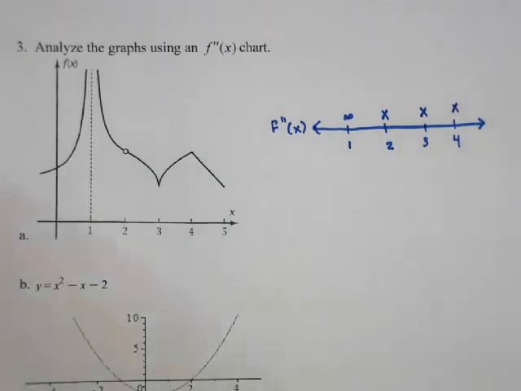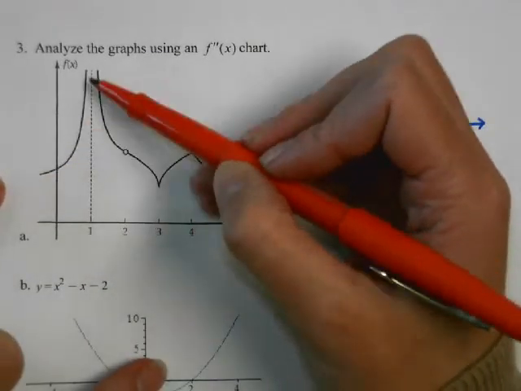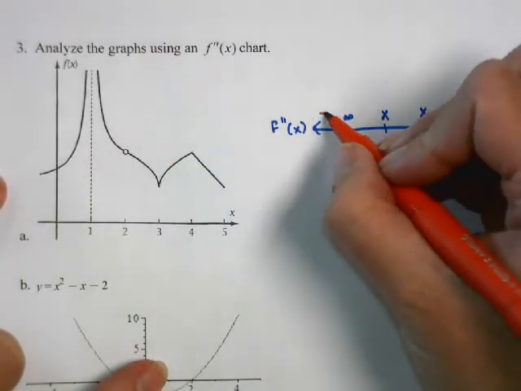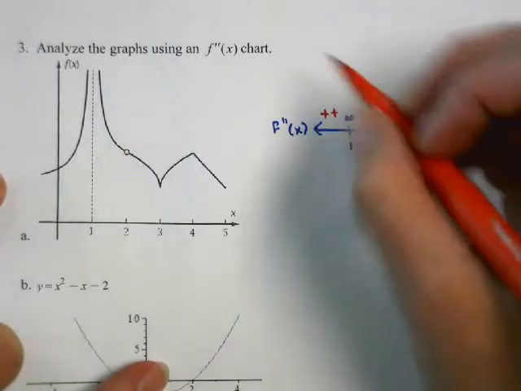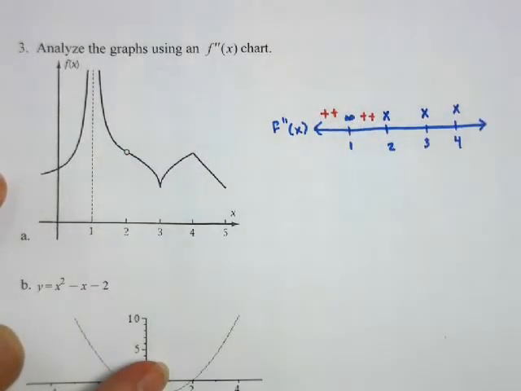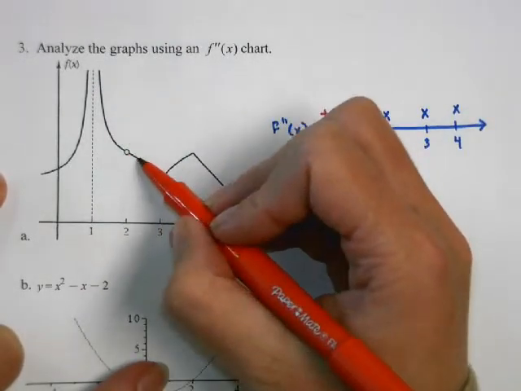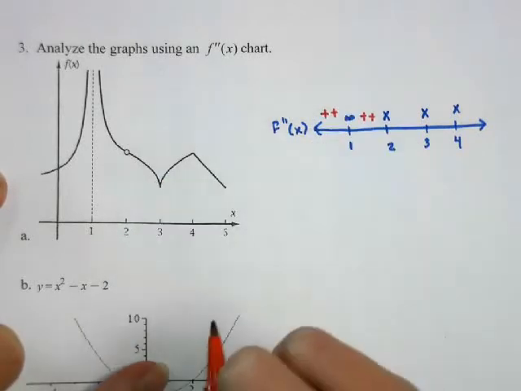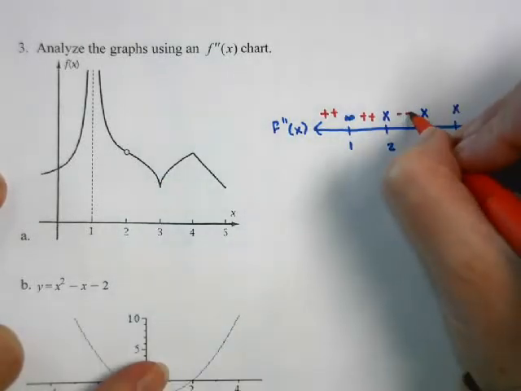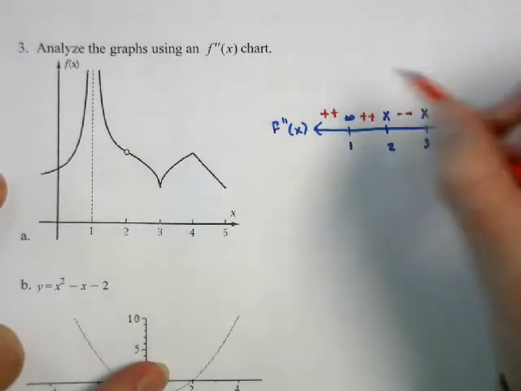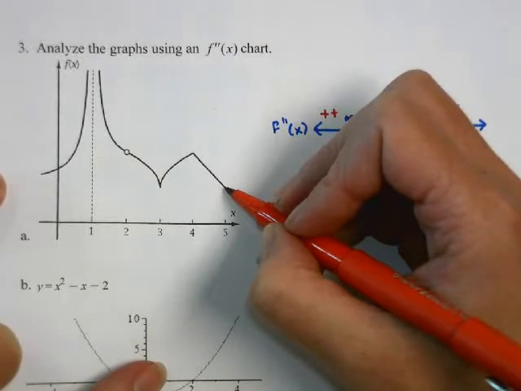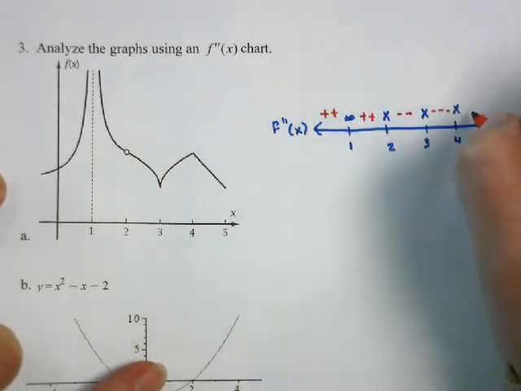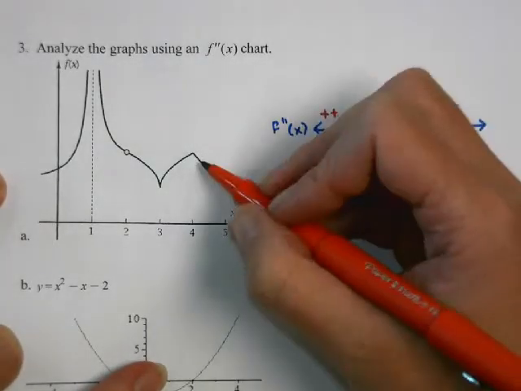Now we're going to label this with concavity. So this part of the graph is concave up, so the second derivative would be positive. This too is concave up. Then it switches here. This is concave down. This is concave down. This, if I take the derivative of this, it would be a constant.